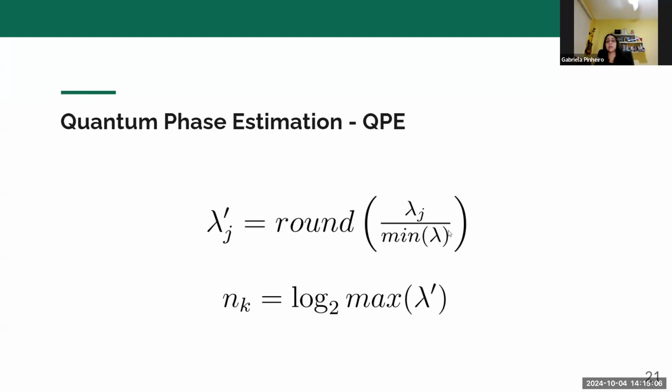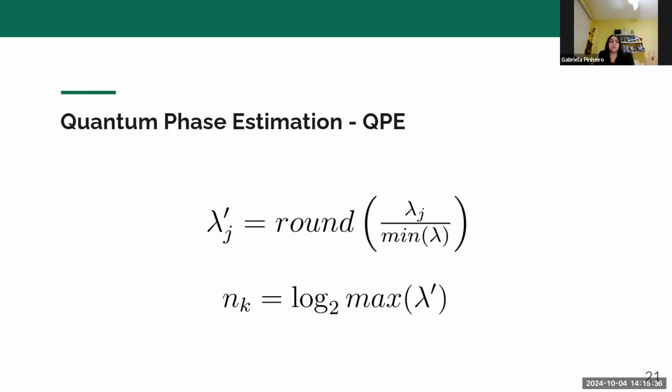We do this first to have only integer numbers to work with, and second so that we have an integer ratio between all of the eigenvalues. And nk will be the number of bits necessary to represent all of those numbers in binary. So in practice it is the ceiling of the log of the maximum lambda dash, because all of those lambda dash will need to be represented as binary.